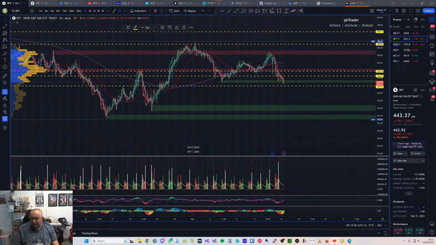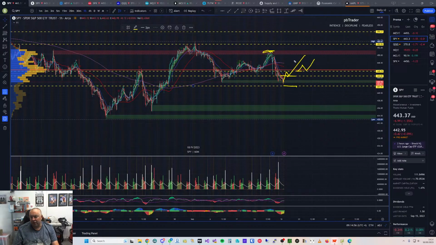So that's it really on SPY. We're looking at 441.92 potential bounce, high risk rejection at 441.51 or a break and retest. 445.80 is a high risk rejection as well, and again it could be a break and retest.